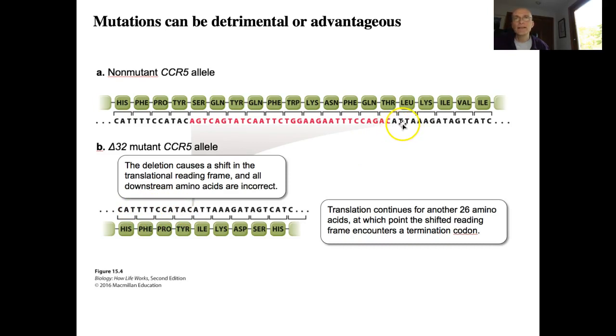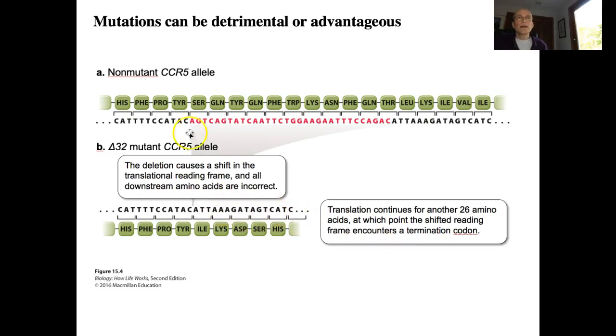The next amino acid was TAA. So now it reads ATT and therefore puts in the correct amino acid for the coding sequence ATT, and that's isoleucine. And so that's why it says here the downstream amino acids are now incorrect from the normal allele. And then in addition to that, there's also a stop codon that will terminate the translation of this protein.